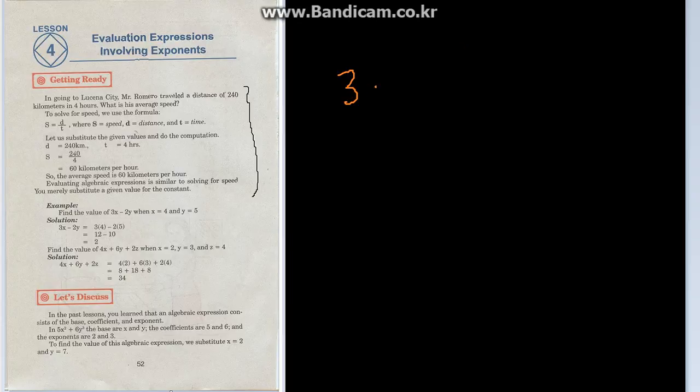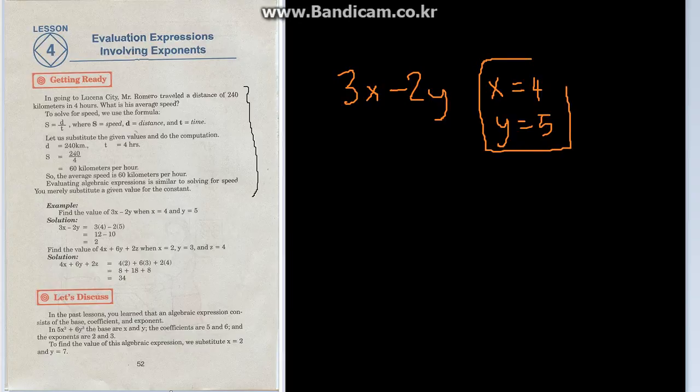Let's see, 3x minus 2y. If we have this kind of mathematical expression, and we are also given that x is equal to 4 and y is equal to 5, then how can we find the value for this mathematical expression?